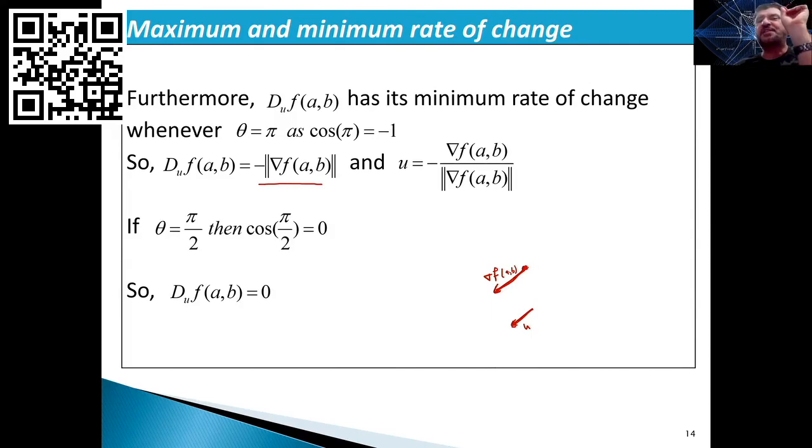This object will have the maximum speed. So what's the minimum speed? The minimum speed will happen only if u and the gradient are going in opposite directions. You see, u is going in this direction. If u is going in the negative direction, so this u now is going to be minus the gradient over its magnitude, then we're going to get what? The minimum speed.